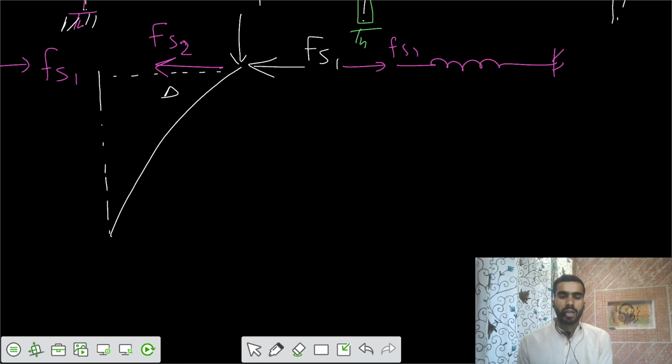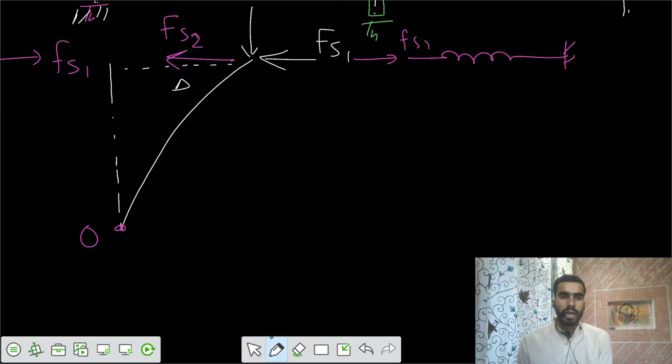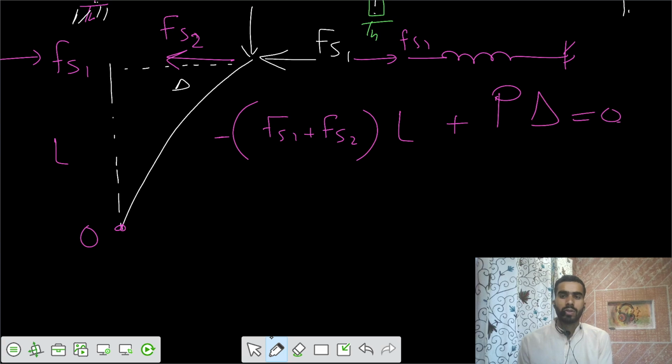If I apply summation of moments about this point O, Fs1 and Fs2 are in the same direction, anti-clockwise about the point O. Fs1 plus Fs2 into length L, plus the moment of P into delta, equals 0.